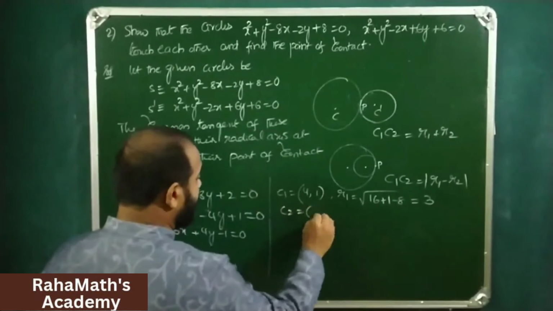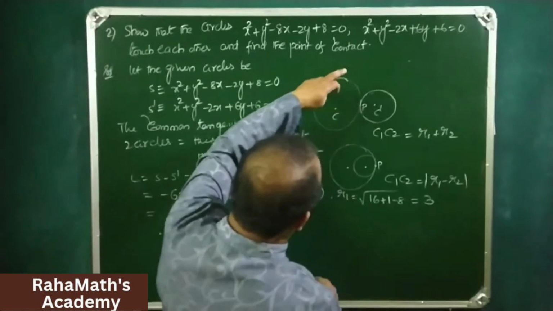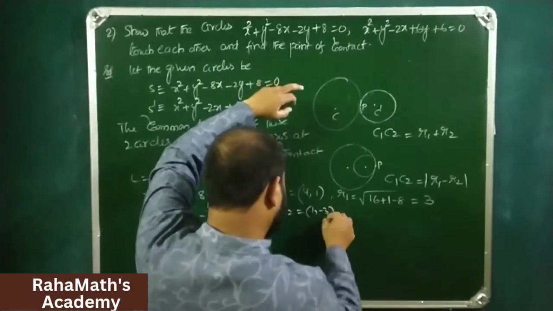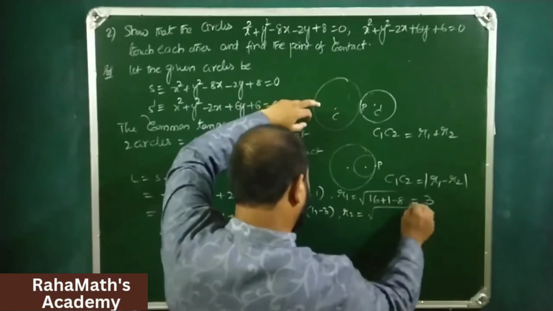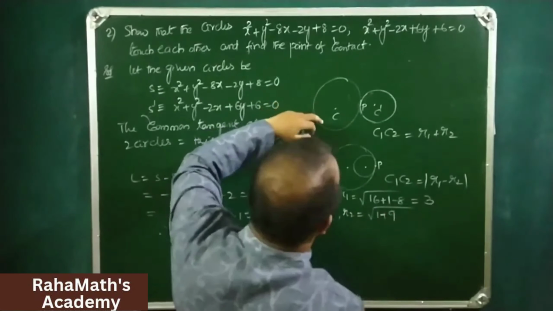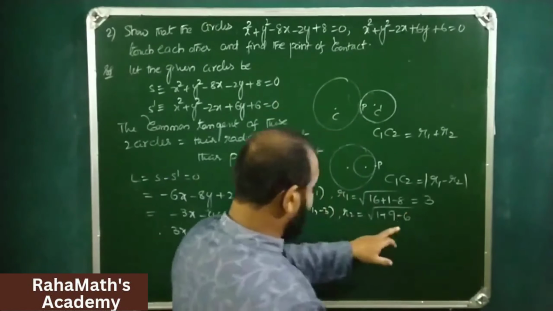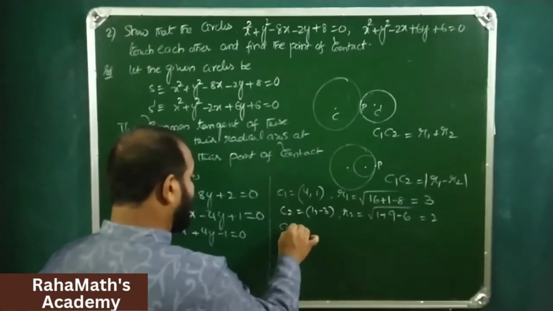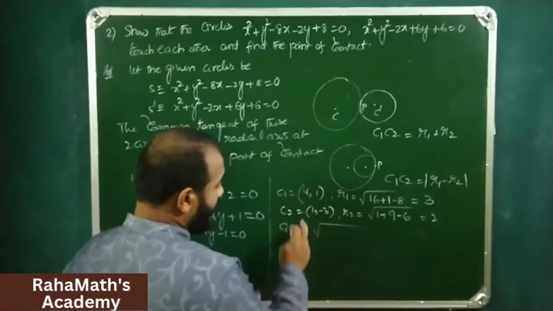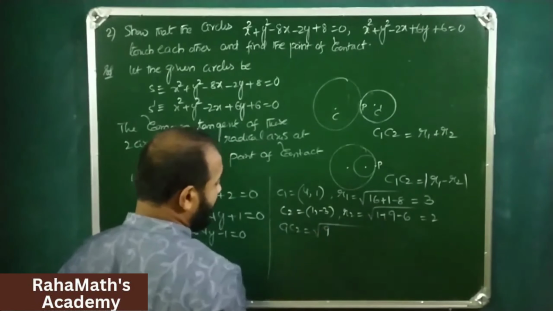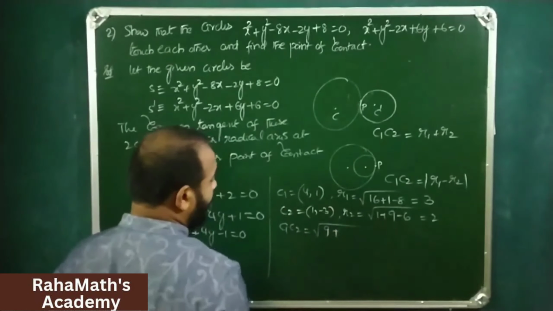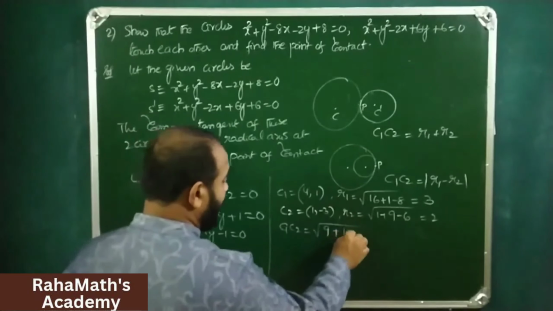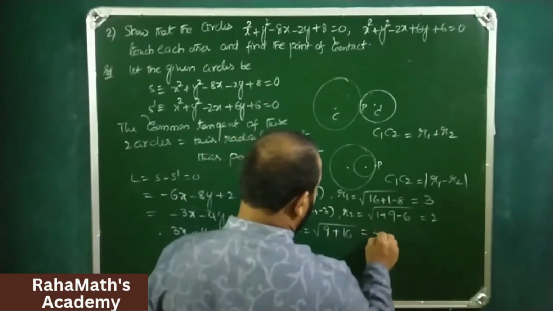C2 is 1 comma minus 3. R2 is square root of 1 plus 9 minus 6: 9 plus 1 is 10, minus 6 is 4, root 4 is 2. Now C1C2, the line joining the two centers, is root of (4 minus 1) whole square 3 square 9, plus (1 plus 3) whole square 4 square 16.